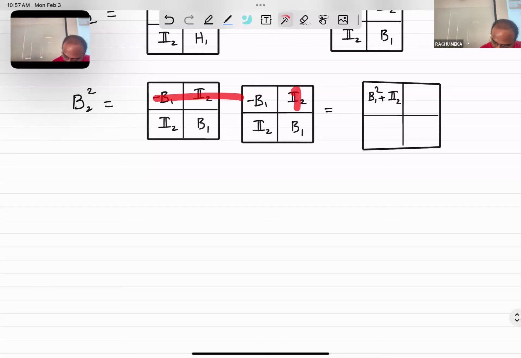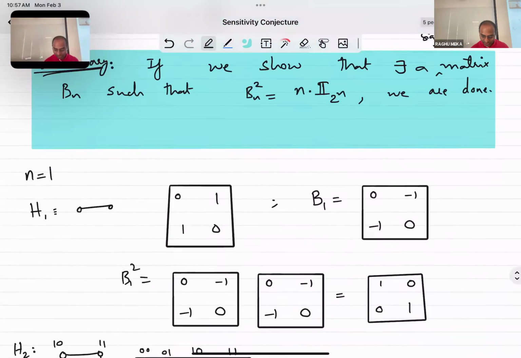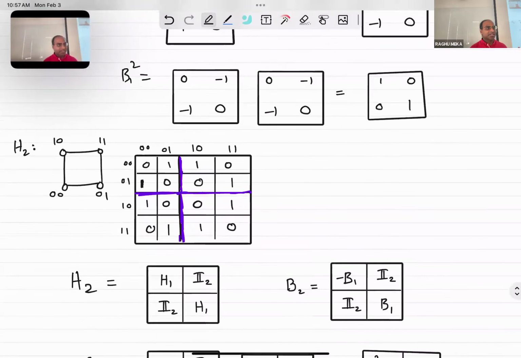And what about this? 0, which is kind of what we want, because we wanted identity when you square. This 0 again is good. We get I2 plus B1 squared. But what is B1 squared? B1 squared was 1 times identity.